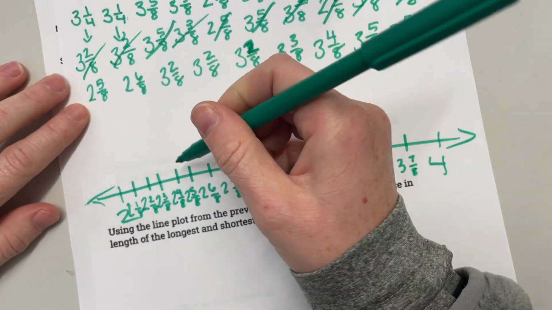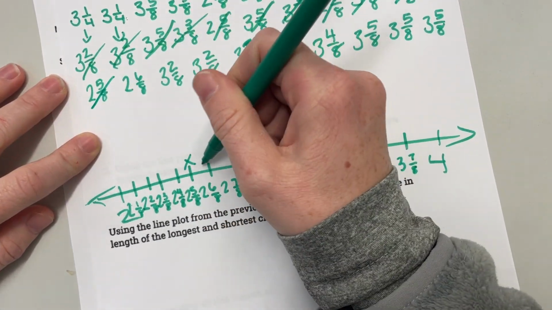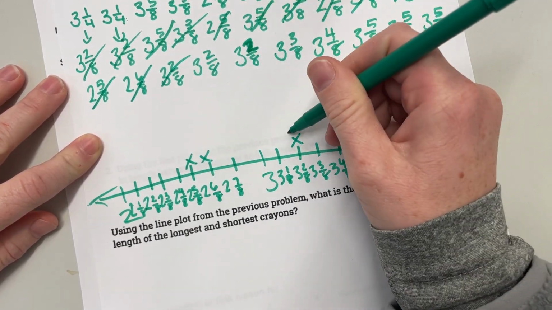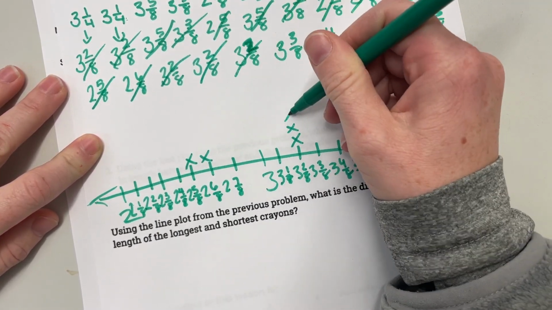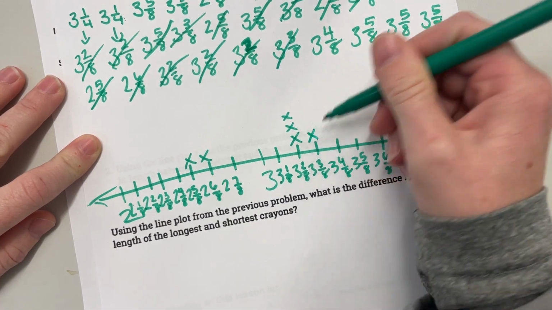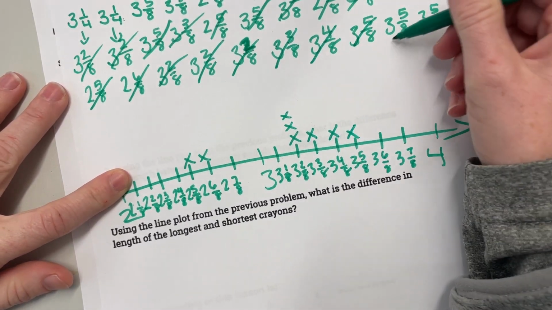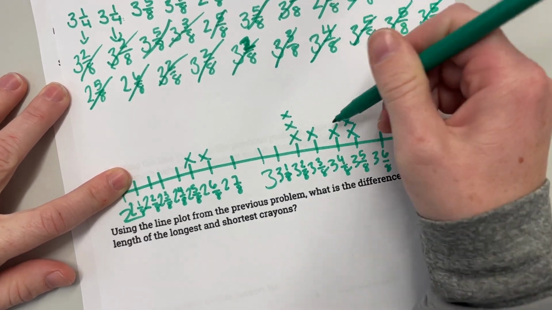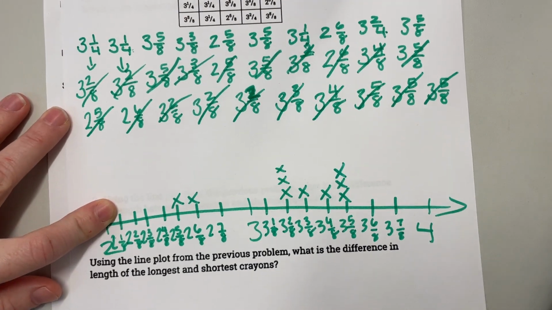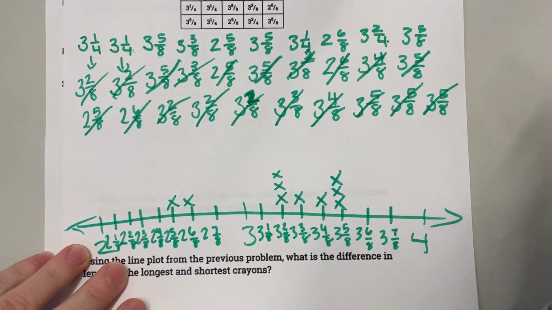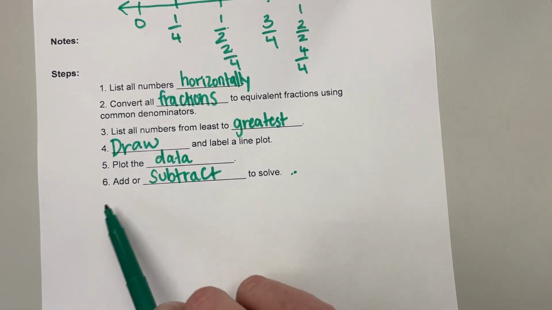So I have 2 and 5/8, 2 and 6/8, 3 and 2/8, another 3 and 2/8, another 3 and 2/8, 3 and 3/8, 3 and 4/8, 3 and 5/8, another 3 and 5/8, and another 3 and 5/8. Okay, so I plotted my data. Now I need to add or subtract to solve.